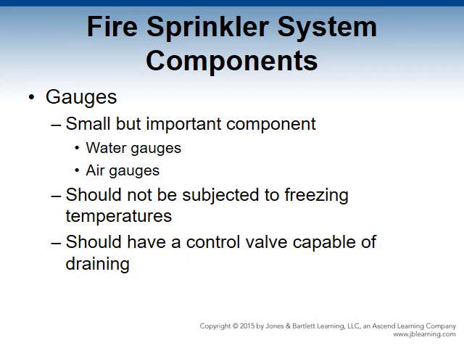Gauges help firefighters, sprinkler system contractors, and building maintenance workers to determine the available water or air pressure at the gauge location. It can also be used to detect a problem when the reading is outside the normal expected values. Gauges should not be subjected to freezing temperatures and should have a control valve capable of draining them.